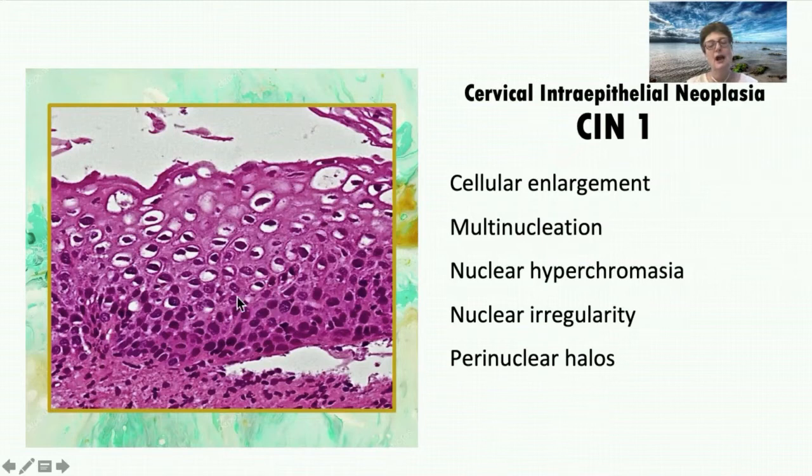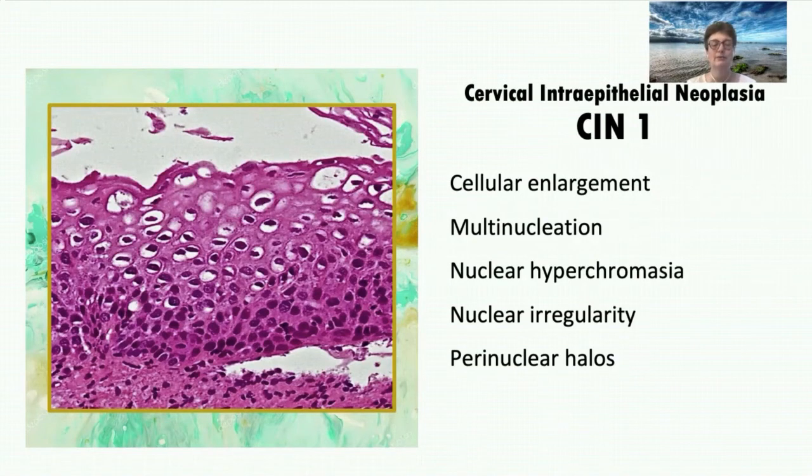In the upper part of the epithelium, the upper 2/3, the cells still look abnormal. They have a halo around an enlarged nucleus, which is called a koilocyte.